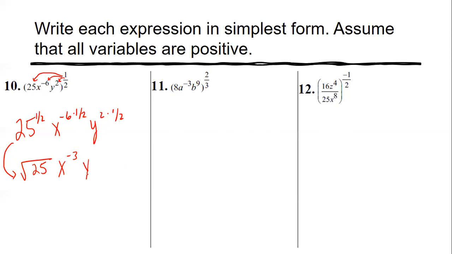What's 2 divided by 2? 1. So I keep simplifying this. The square root of 25 is going to give me 5. And my x to the negative 3 belongs in the denominator. It goes in the denominator because the power is negative.